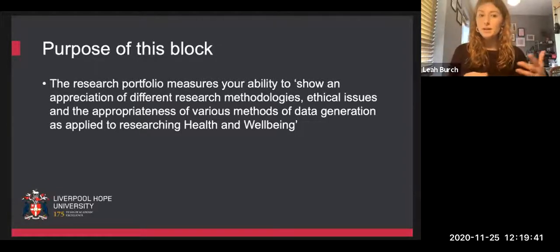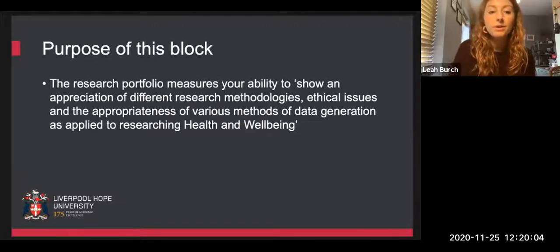So is it going to be statistical data, or are we interested in data that reflects people's experiences of health and well-being and health inequality? So these are all of the different questions that we're going to be addressing throughout the block on research methods, and in particular that we're going to be assessing you in showing us your understanding of in the research portfolio.